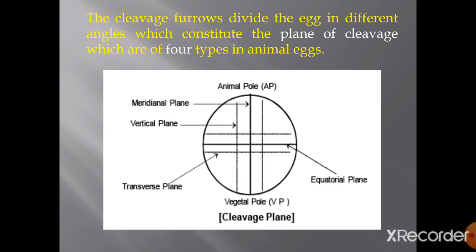One, again a dark line, in the center of the egg, which passes through the center of the egg, it is equatorial plane. And on either side of this equatorial line, you can see two more lines which don't pass through the center, and they are transverse planes. So right now you can see number 1, meridional plane; number 2, vertical plane; number 3, equatorial plane; number 4, transverse plane. Please remember all this because I am going to elaborate on each one of them in my future slides.